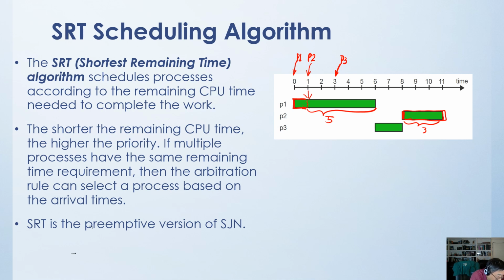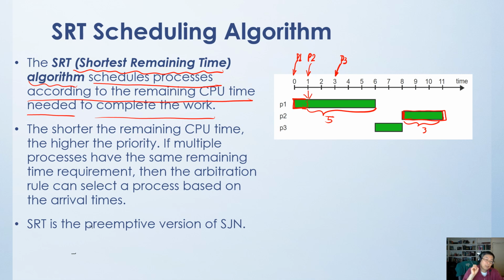In this case, it's still shortest job first, but now we use the preemptive version, and we call this the shortest remaining time algorithm, SRT. So SRT is a kind of shortest job first, but it's a preemptive version. SRT schedules the processes according to the remaining CPU time needed to complete the work.